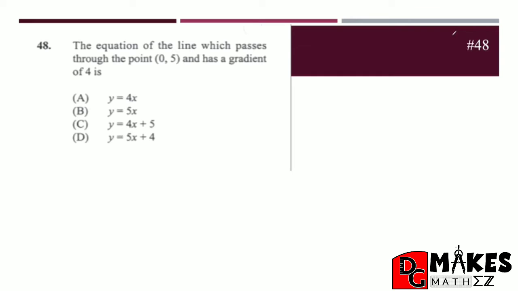All right, so it says the equation of the line which passes through the point (0, 5) and has a gradient of 4 is. We know to write down the equation of a line, you need to write it in a general form, which is y equals mx plus c.